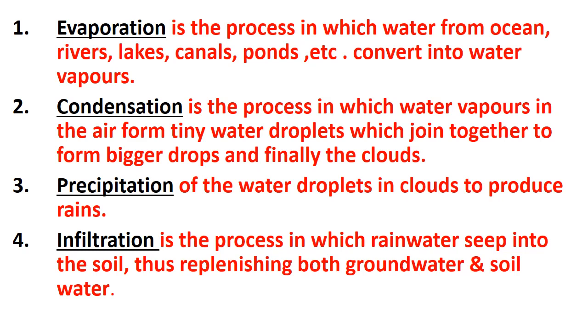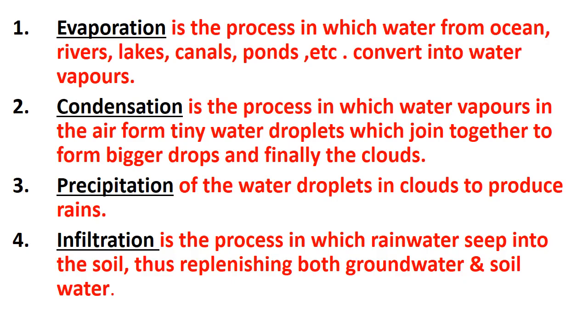The third step involved in water cycle is precipitation. The water droplets which are present in the clouds precipitate to produce rains. So this is the third step. Now the last step that is involved in water cycle is infiltration.